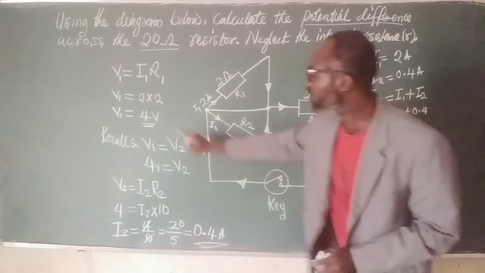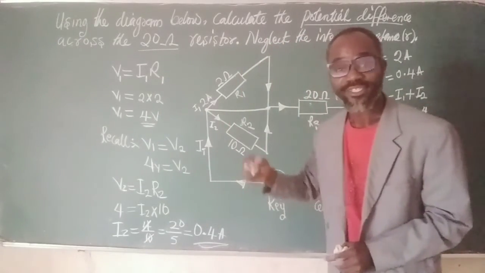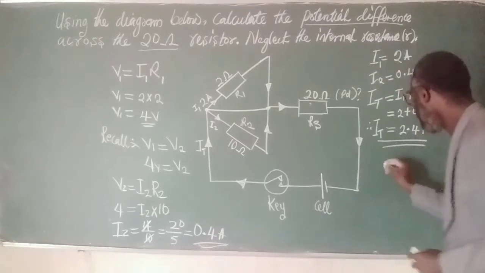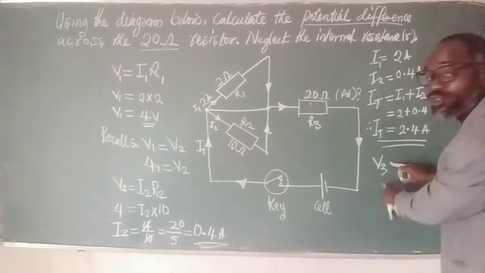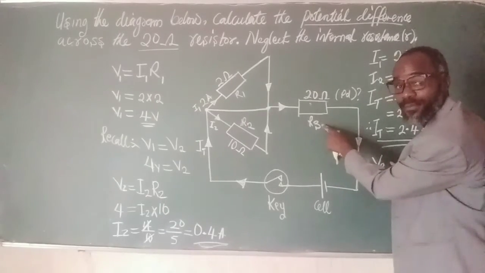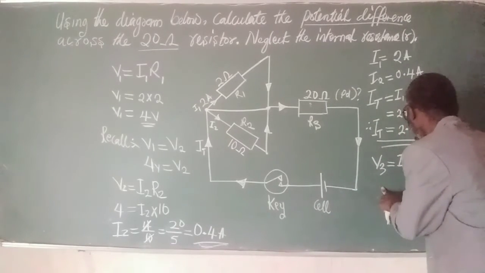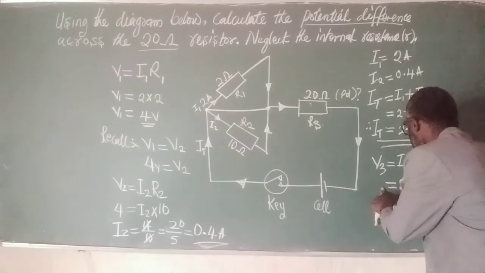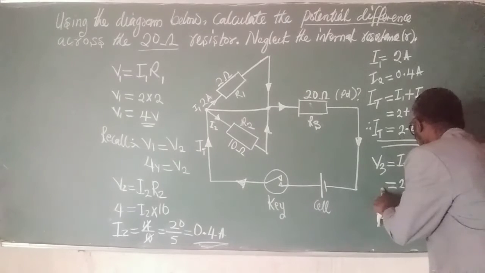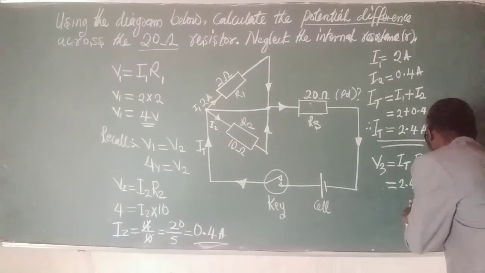The third time we are using Ohm's law. Using it the third time, we have V3. V3 represents potential drop across resistor 3, and that is equal to I total, no longer I3, multiplied with R3. So our I total is 2.4 times R3, which is 20 ohms.